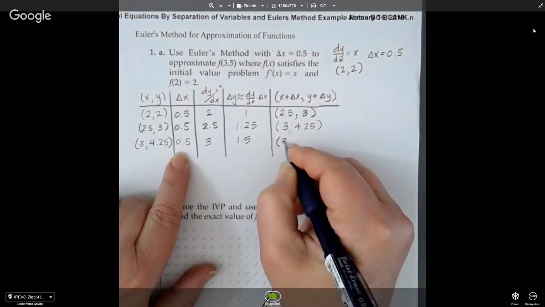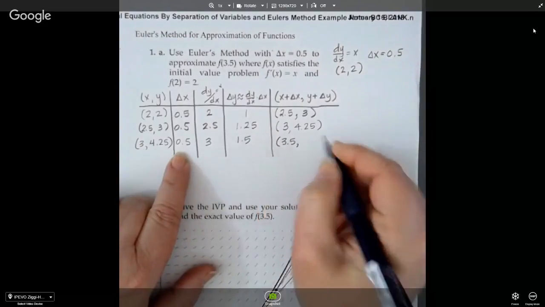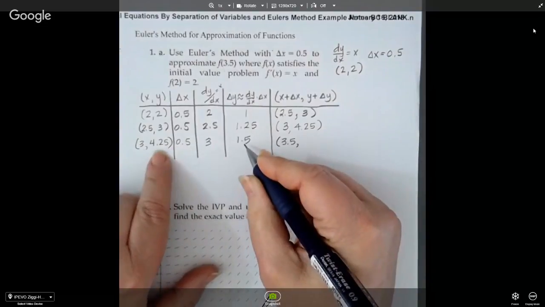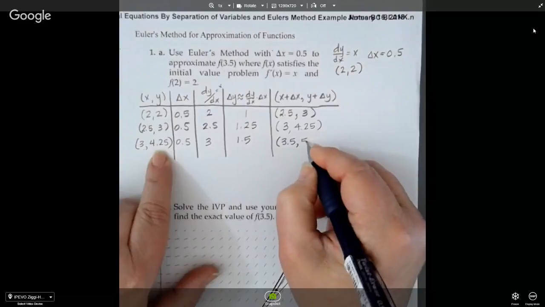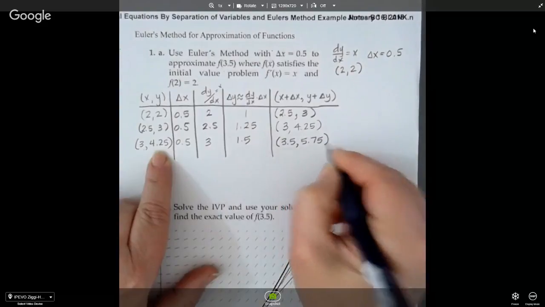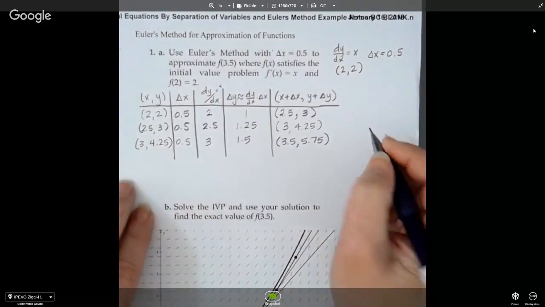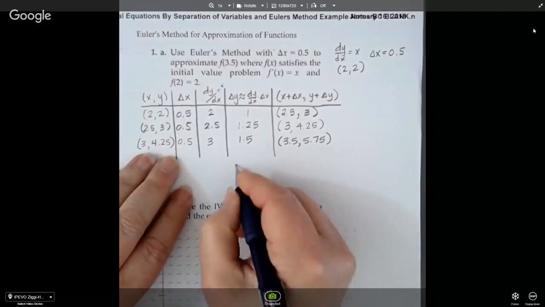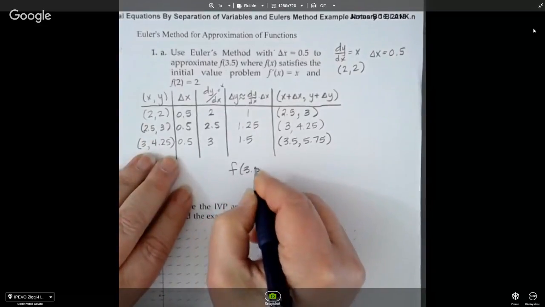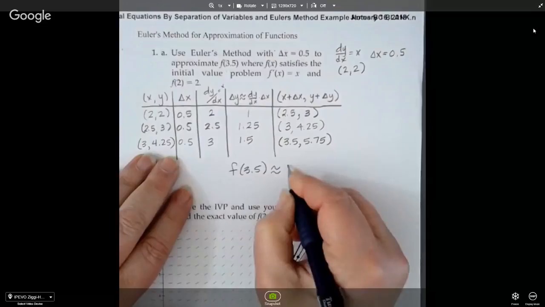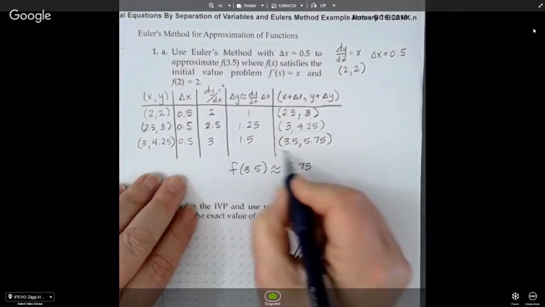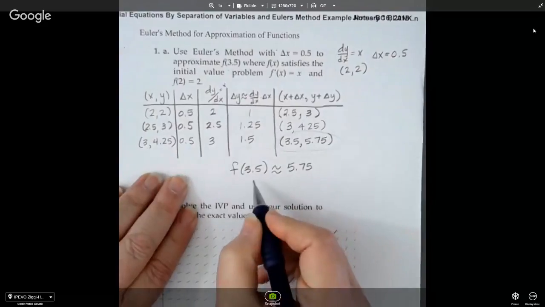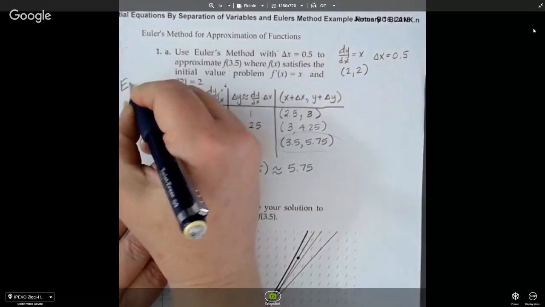Coming up with my new point, which is 3.5, comma, and then I add 4.25 plus 1.5, which gives me 5.75. And so now I can say that f of 3.5 by Euler's method is approximately 5.75. So this is kind of my terminating point. And so this is Euler's method.